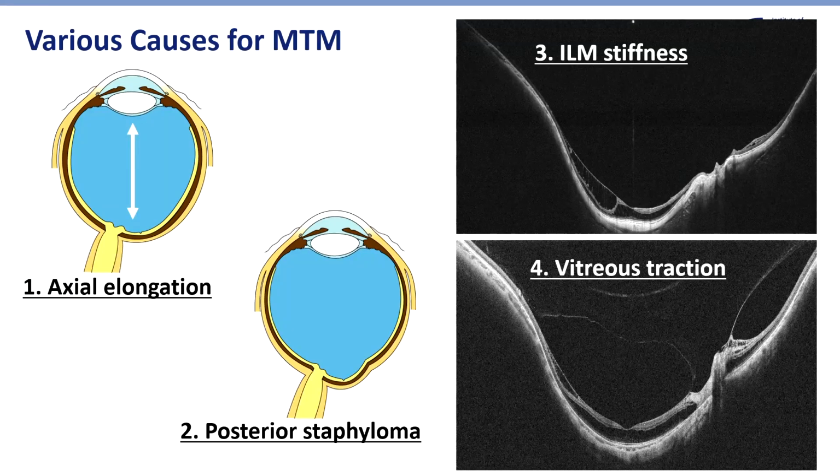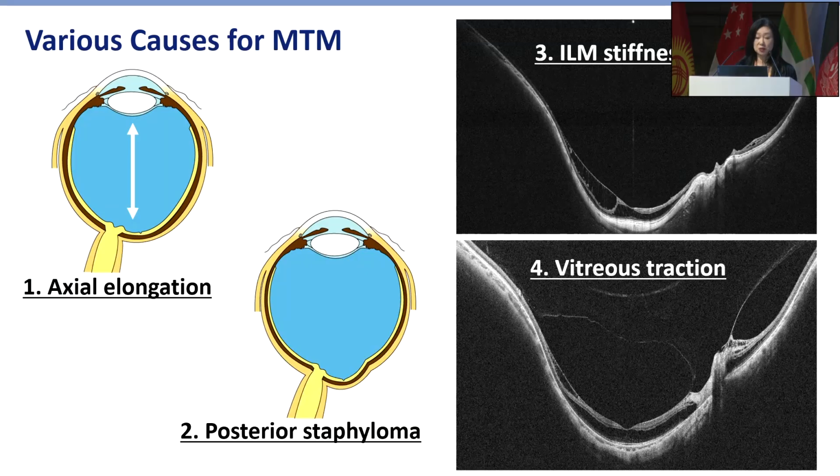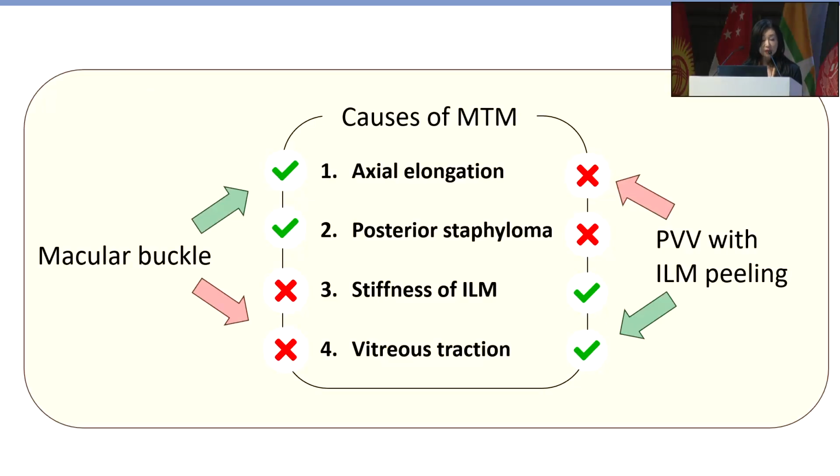First-line therapy for myopic tractional maculopathy: vitrectomy. The primary factors contributing to tractional maculopathy are axial elongation, posterior staphyloma, stiffness of the ILM, and vitreous traction. Macular buckling without vitrectomy addresses the four main causes differently.